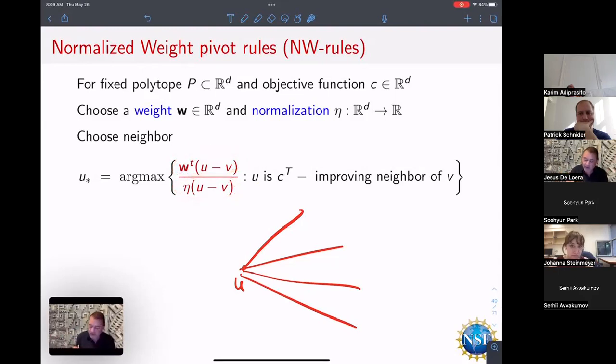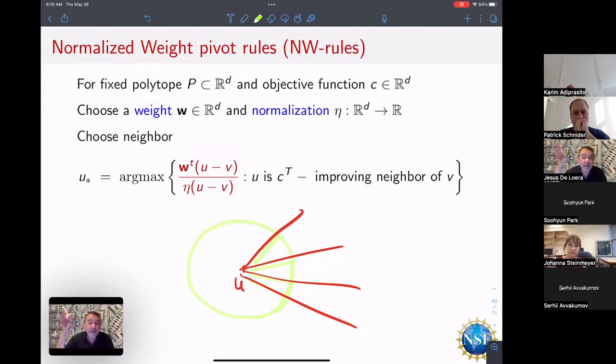You can think that the normalization is giving you some kind of ball that shrinks the sizes of these edges, right? Again, you can think of it as a norm, like the two norm, and you divide the improvement by the normalization.